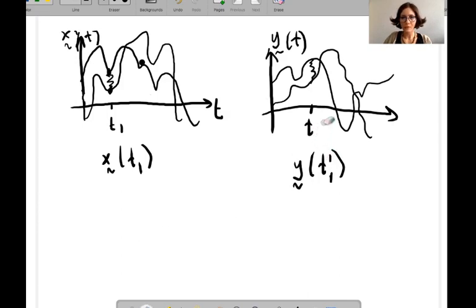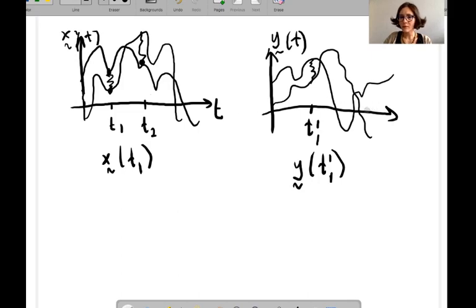You look at the first random process at as many time instances as you want, t1, t2, up to tn, so many of them possibly.